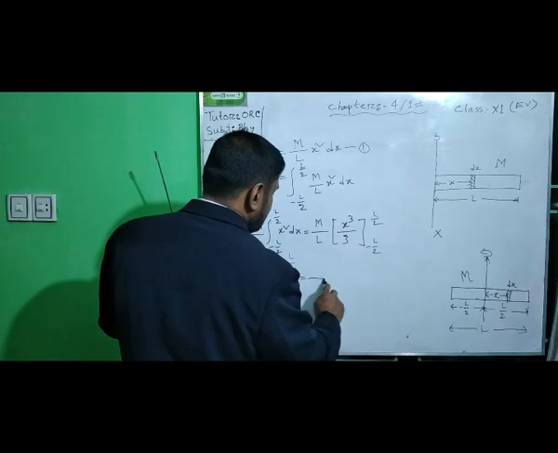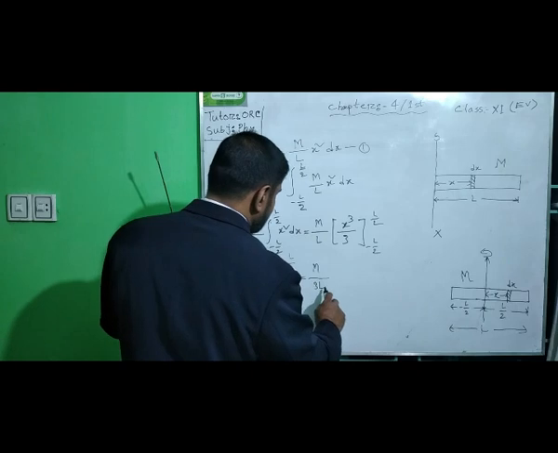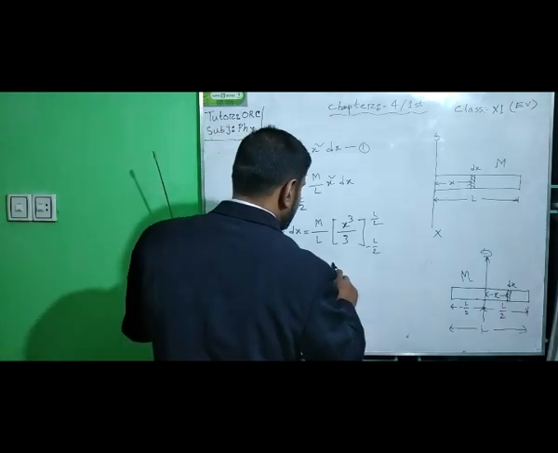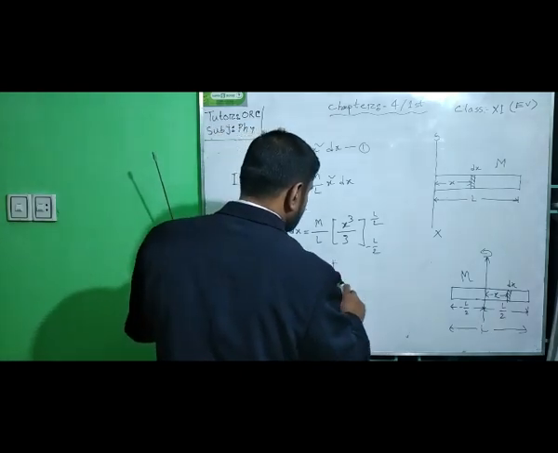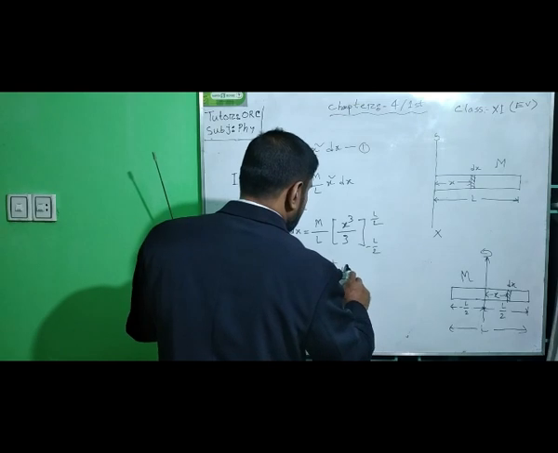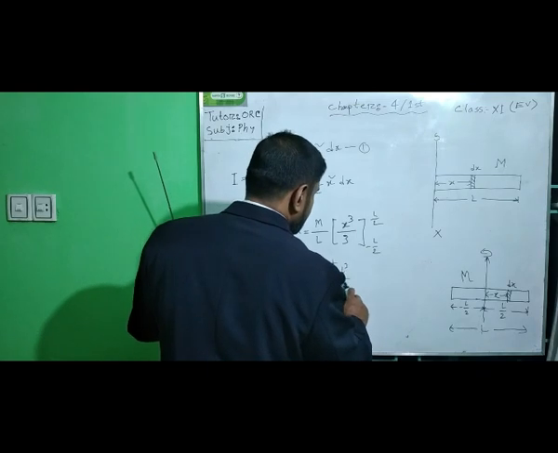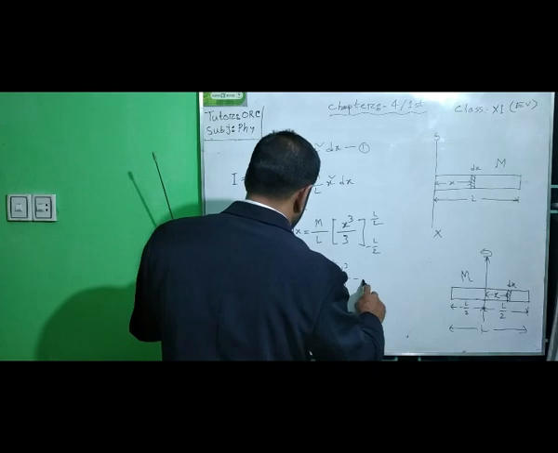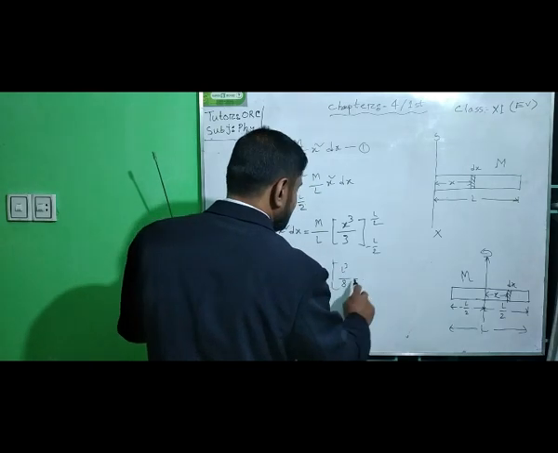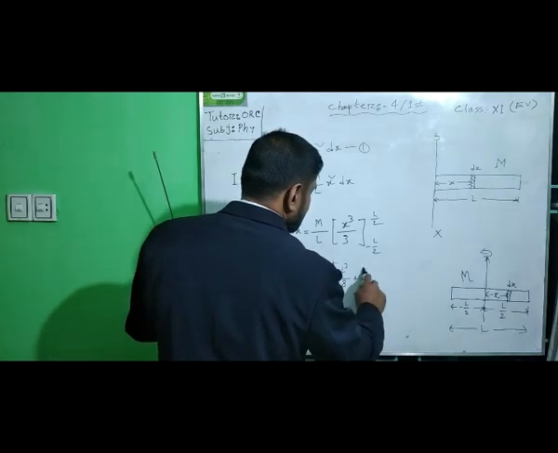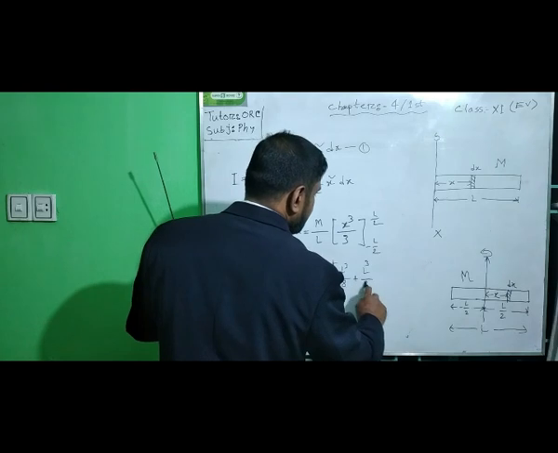And let us put the value here, m divided by 3L, and here L cube divided by 8 plus L cube divided by 8 here.